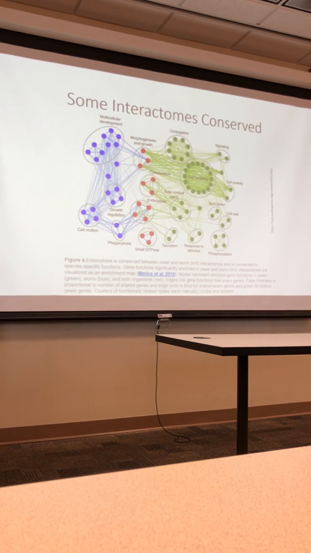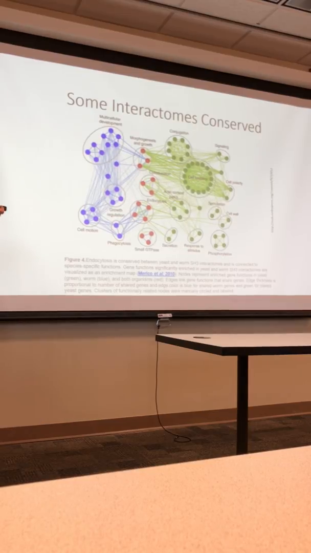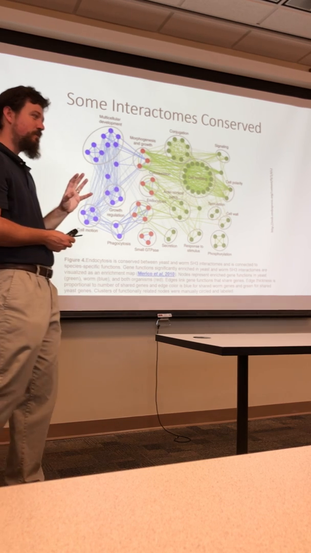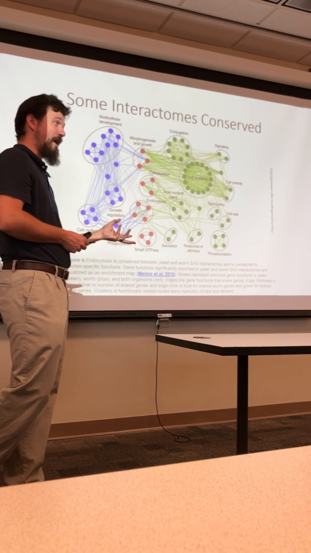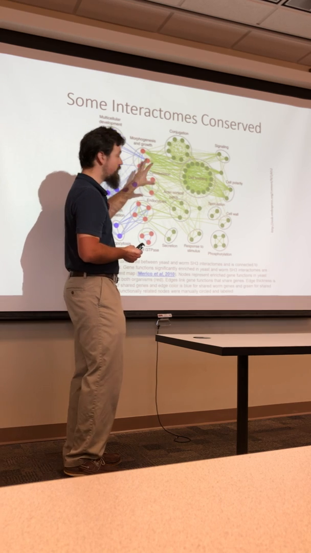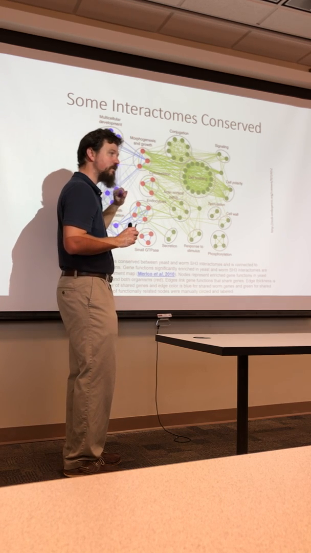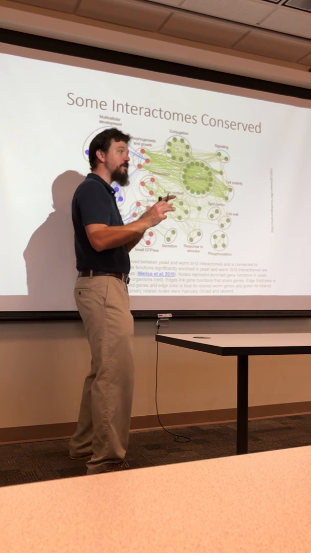And how would this be useful? Well, in humans, we can't do a lot of medical testing on people, right? We can't do a lot of research on individuals because there are ethical reasons for that. But if we find interactomes that are similar with these lower organisms, we could study things through their interactomes that are similar to us.